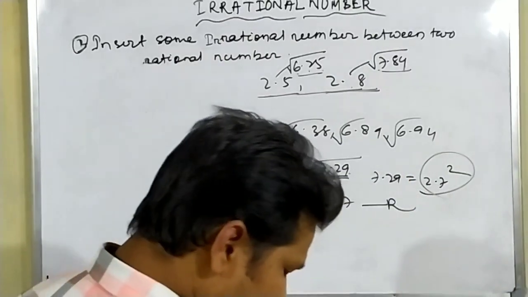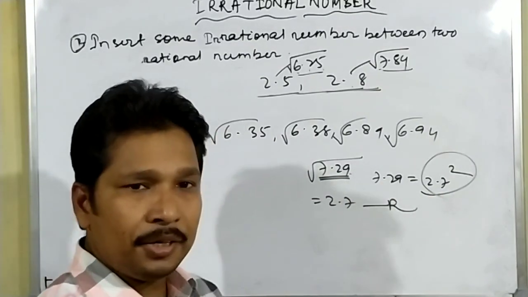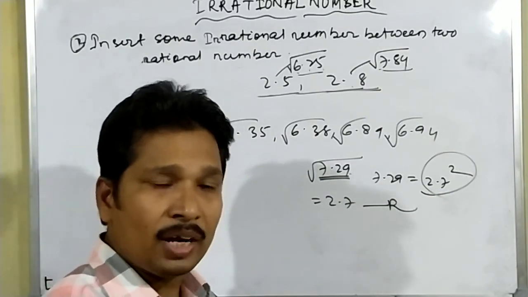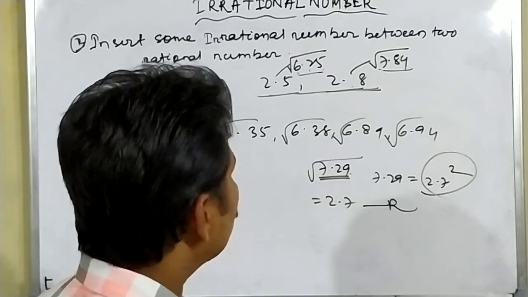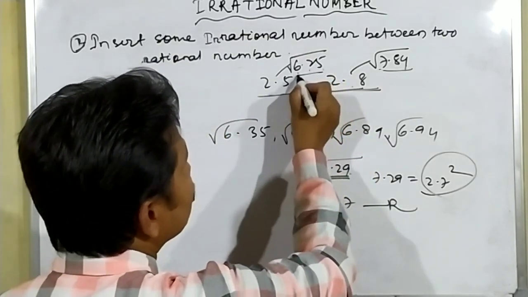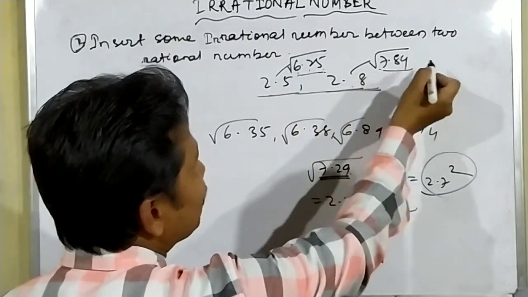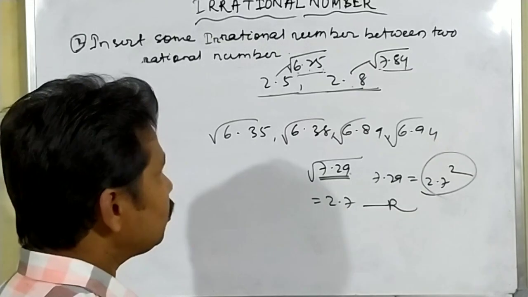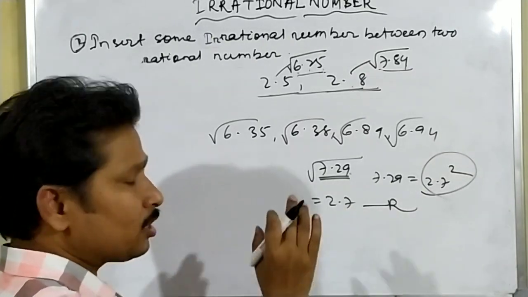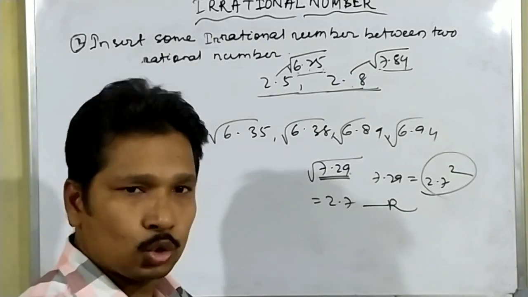While making an irrational number, simply write any number which is not a perfect square and give the root over. That number will become an irrational number. So we have to find numbers between 6.25 and 7.84 and give the root over. And one very important thing, we should not write numbers which are perfect squares.